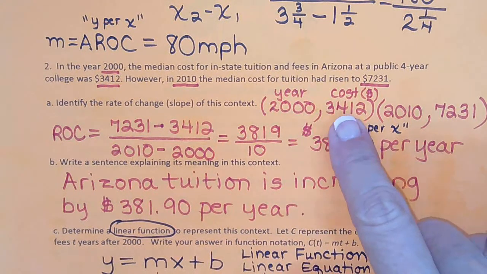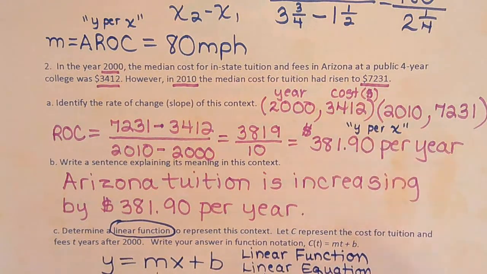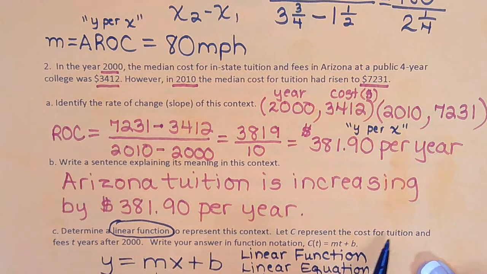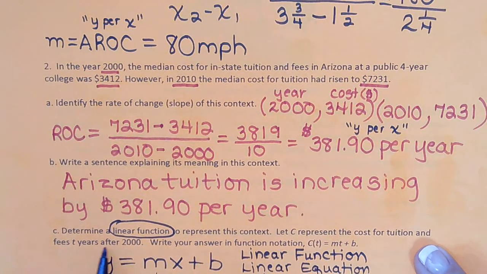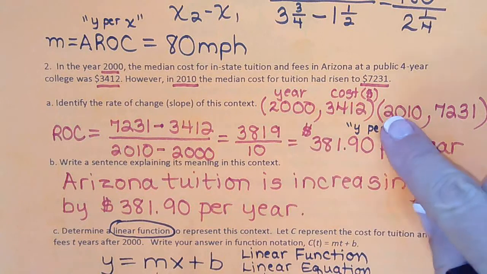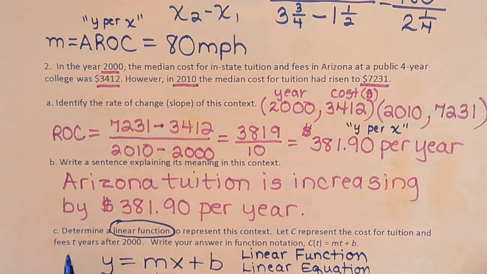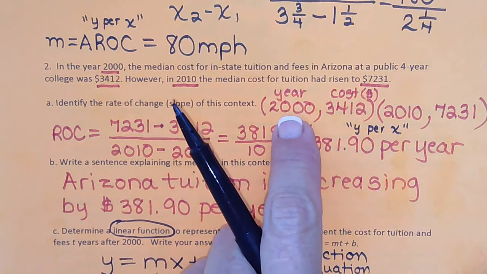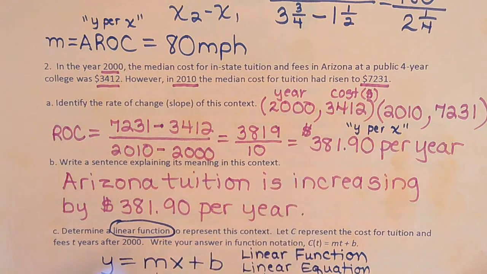So does everybody agree that's going to be, because it says C represents the cost and T fees T years after 2000. So isn't this going to be year 0? And this would be year 10 because it's T years after 2000. This is 0 years after 2000.